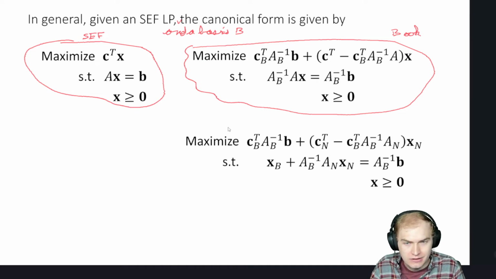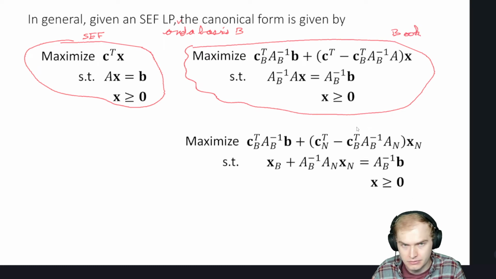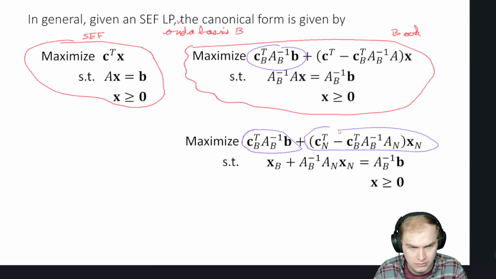And then down here is the format that the graduate student book that I have gives it in. You'll notice that we have the same term here, and that these terms are sort of similar.